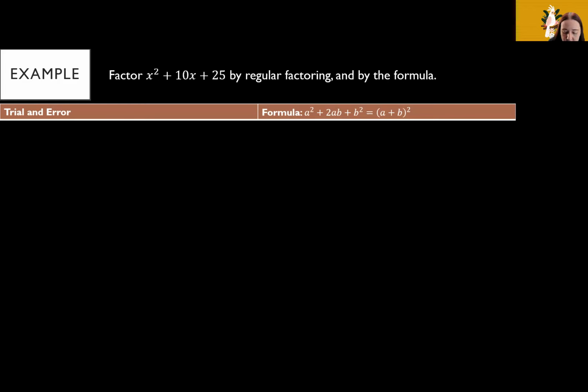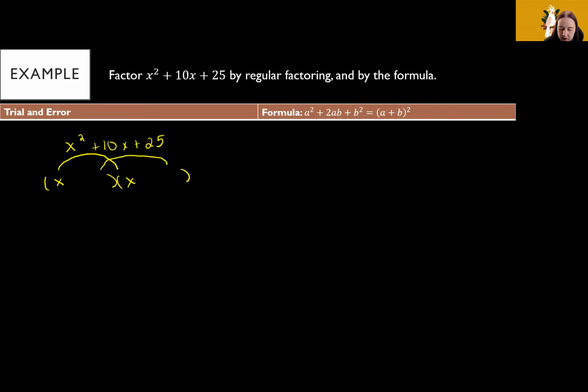When you're factoring by trial and error, you have your starting point, which is your polynomial, and then you set up your 2 sets of parentheses. And we're undoing FOIL here. So the first terms give you the x squared. So x times x gets you x squared. So you know that those are going to be x's.